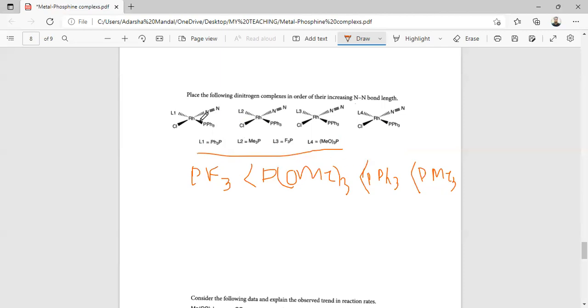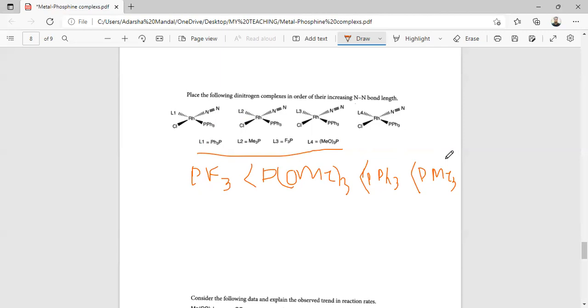So when this PMe3 is present, there is more electron density on the metal center, and it will favor more back donation from metal to the nitrogen pi star orbital. In that case the NN bond length will be higher compared to the others. PF3 is a less sigma donating ligand, so the metal to nitrogen back donation will be less favorable, because the F makes it more electronegative.